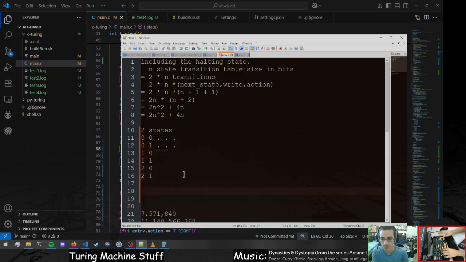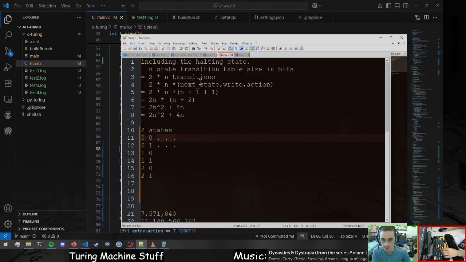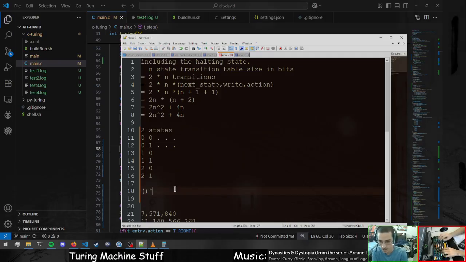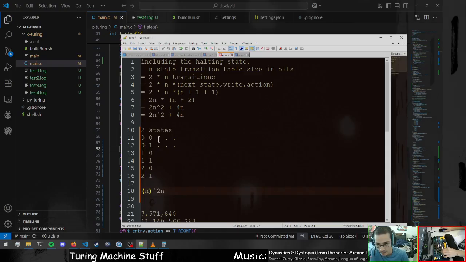So what I'm going to do is do the calculation real quick. Each transition has a state that it could be in, right? A state. And this is to the power of something. 2n, let's say, I think it is. And each of these, yeah, so we got this times 4, I think. Is it this?